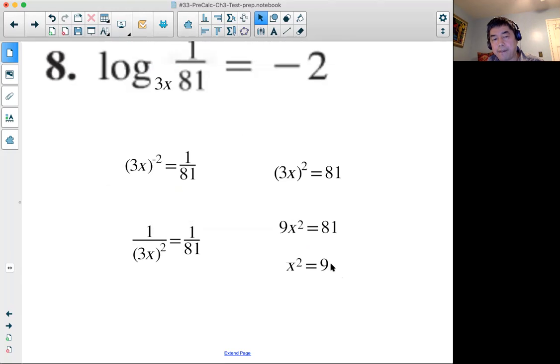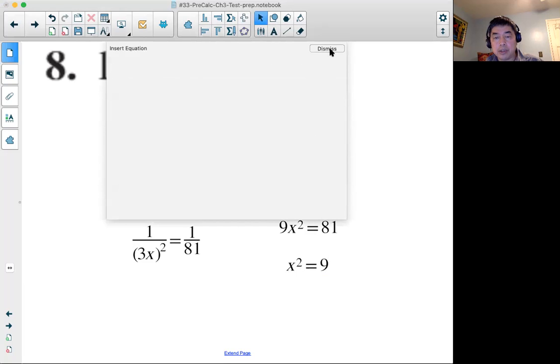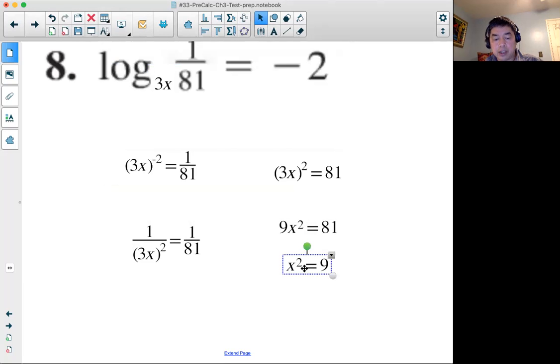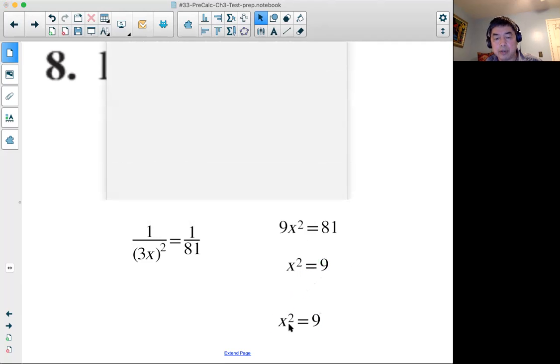Now, the only thing is, if it's algebra 1, this answer will be plus and minus 3, right? Because negative 3 times negative 3 is 9.